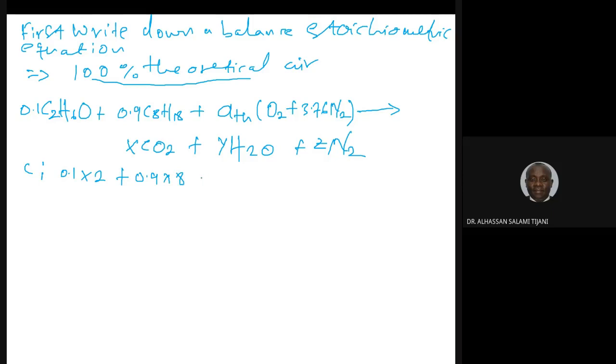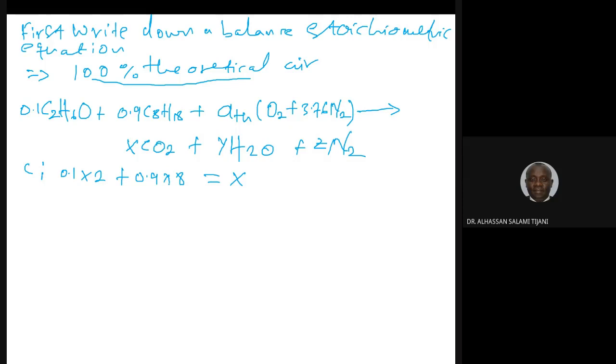This should be equal to X moles of carbon dioxide. So X equals 0.1 times 2 plus 0.9 times 8.